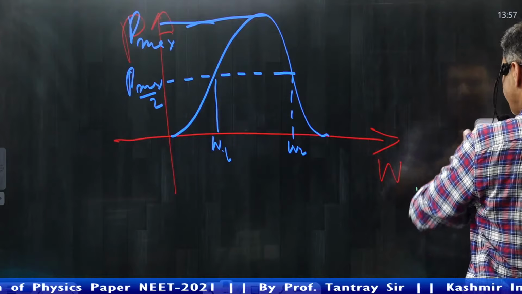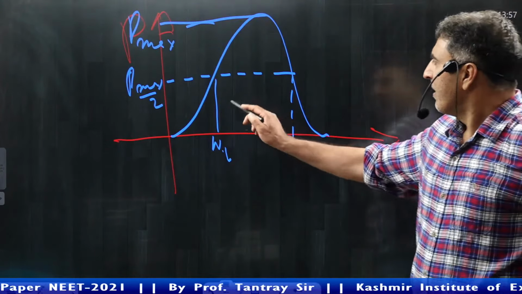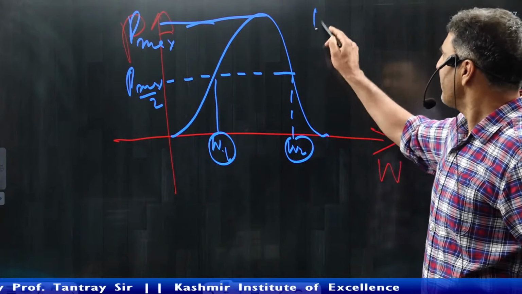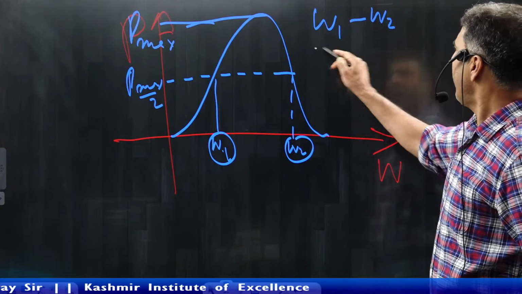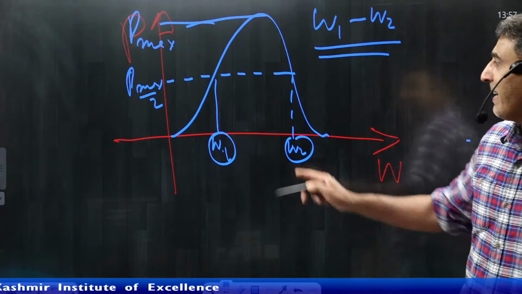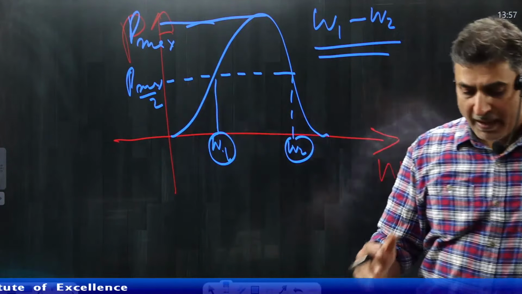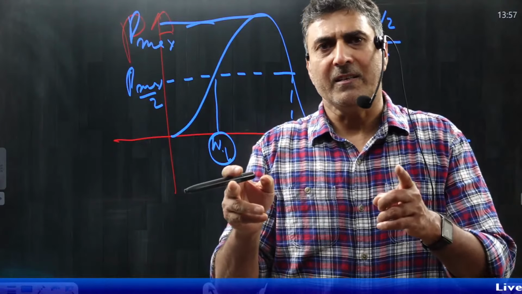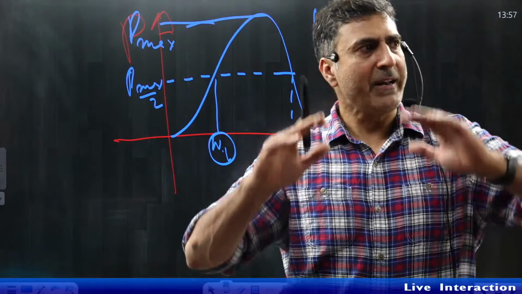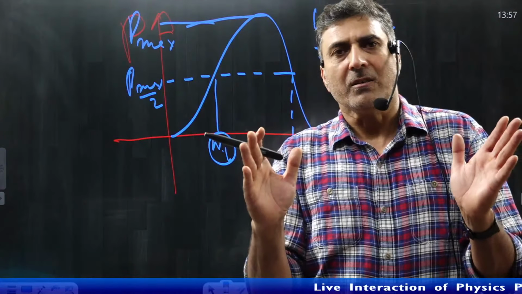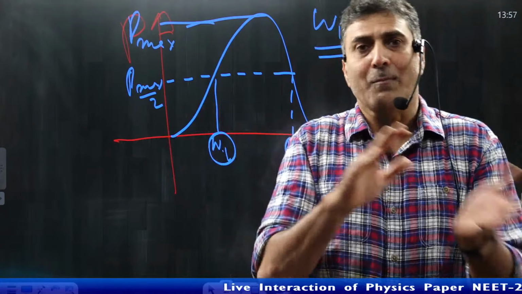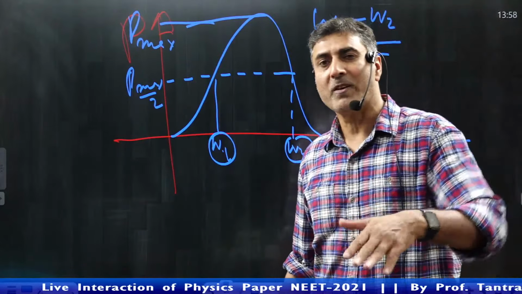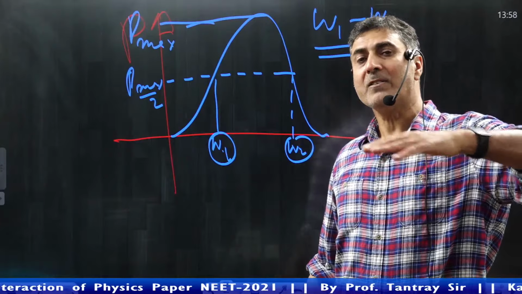See here, there's a concept that this is bandwidth. Omega 2 minus omega 1 is bandwidth. Bandwidth is defined at half the maximum power: the difference of the 2 frequencies at which the power delivered is half the maximum is just the bandwidth.